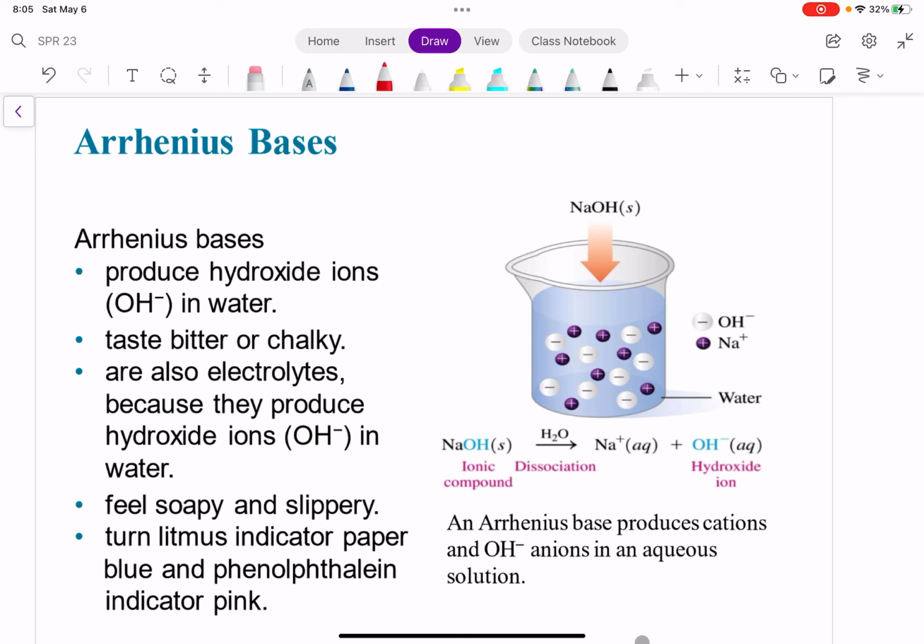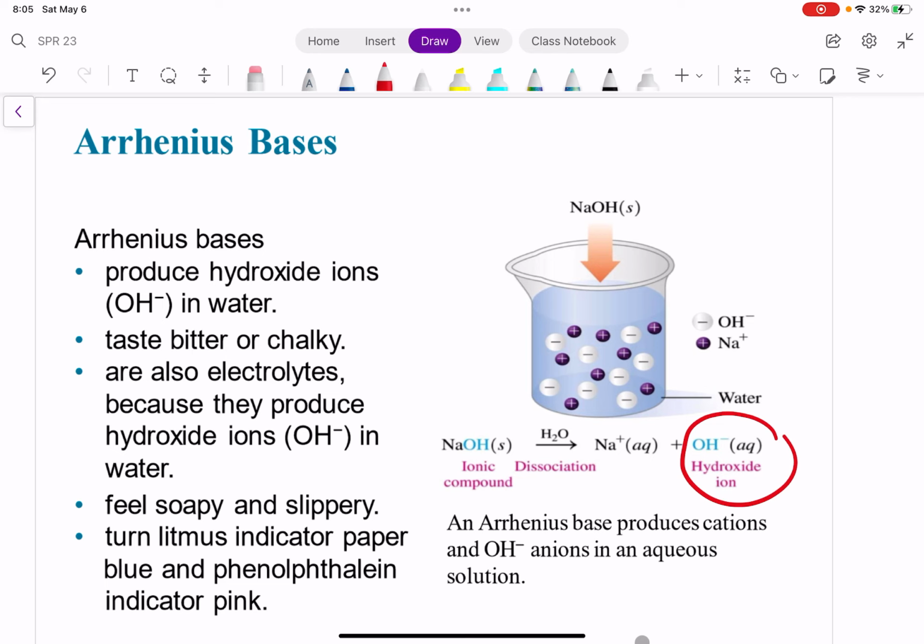Just like we could dissolve our acid in water and come out with some different ions, when we dissolve NaOH in water, we get Na plus and OH minus. And that OH minus is what is characteristic of Arrhenius bases. So an Arrhenius base is anything that is going to produce that hydroxide ion when you dissolve it in water.